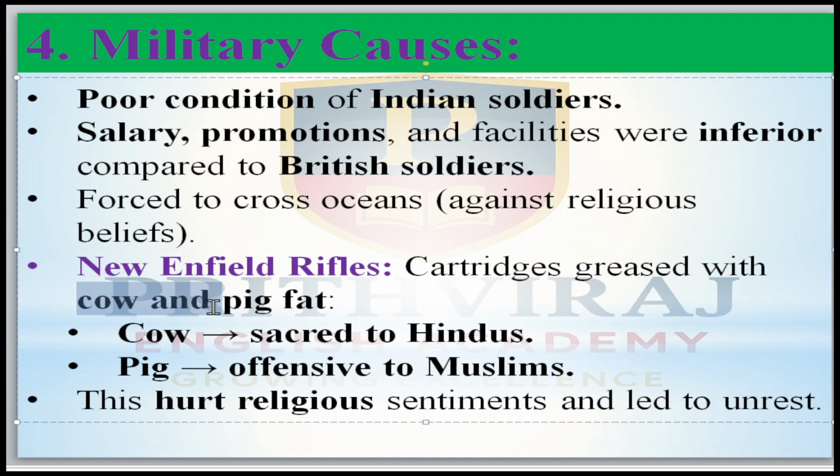This is very important, things to remember: the cow and the pig's fat were used to grease them. The cow is holy for the Hindus and the pig is offensive to the Muslims. This hurt the religious sentiments and led to unrest.